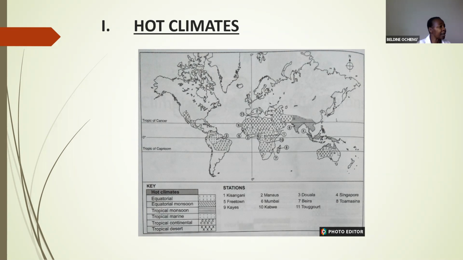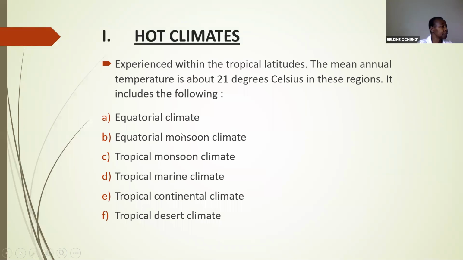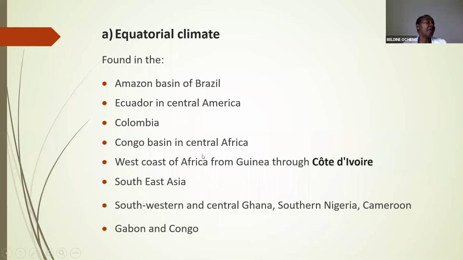Now moving on with our equatorial climate, found in the following areas. There are many. Just find a few that you can cling to, although at times the question may ask you outside Africa. So you need to have a clue in most of these regions.